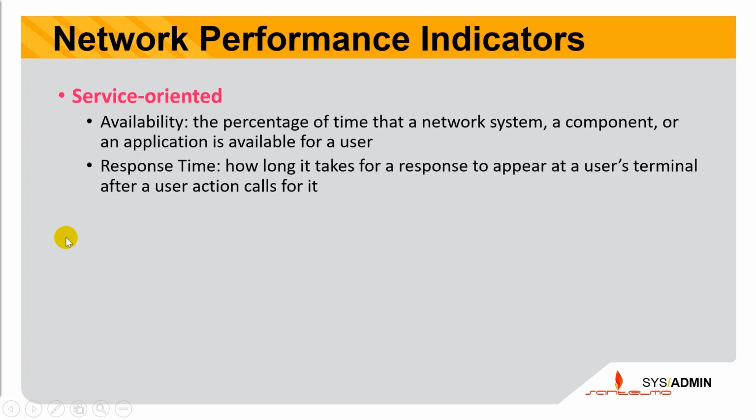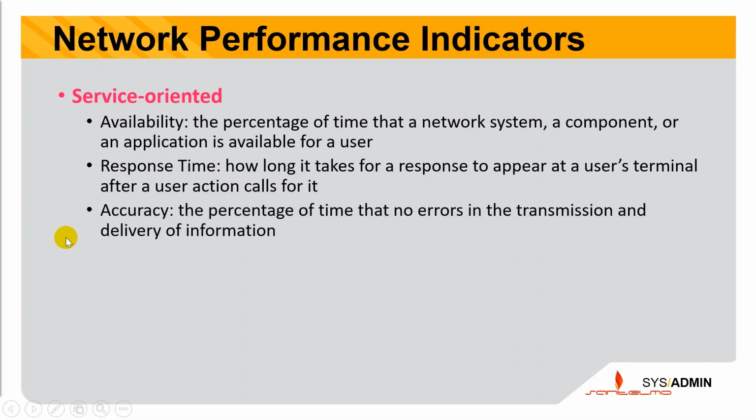Next would be the response time. This is how long it takes for a response to appear at a user's terminal after the user's action calls for it. For example, you have encountered an error on your computer and you seek help from the help desk. How long would it take for the help desk to address your problem? Response time. Or how fast are they to resolve the issues that you have?